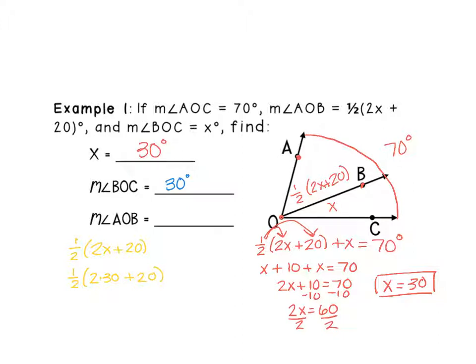So when I do this, 2 times 30 is 60, plus 20. So that's 1/2 times 80, which equals 40. So angle AOB equals 40 degrees, and I have to make sure that these add up to equal 70. And since they add up to equal 70, I'm pretty sure my work is correct.